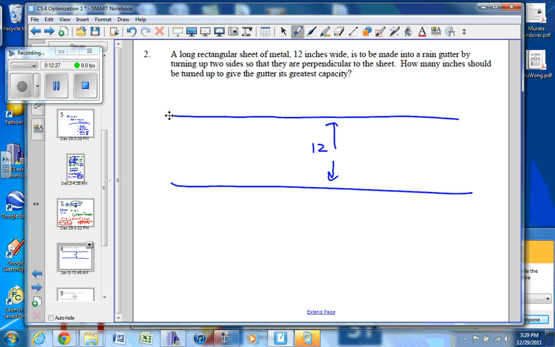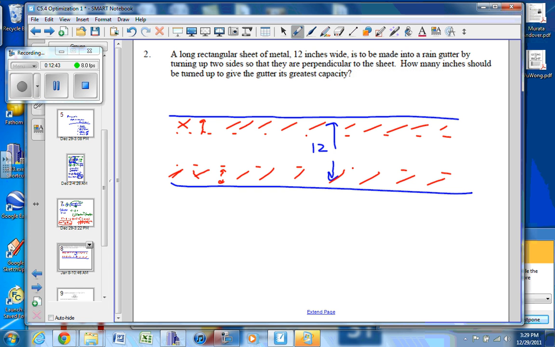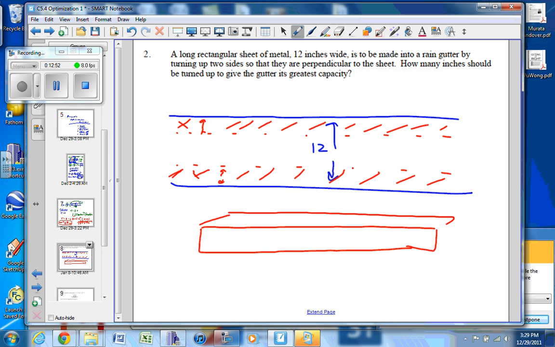So we're going to turn up this side. Let's call that distance x. Same distance x. These are all going to become sides of a gutter, so that we end up getting something that looks, let's see if I can draw this, something that looks like that.